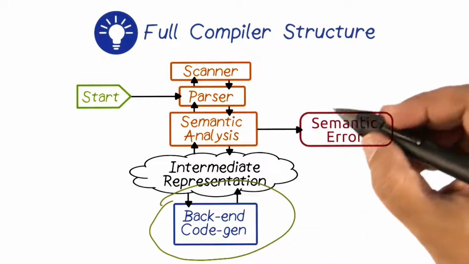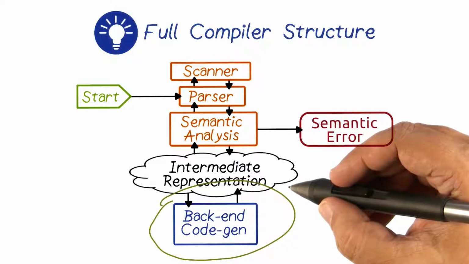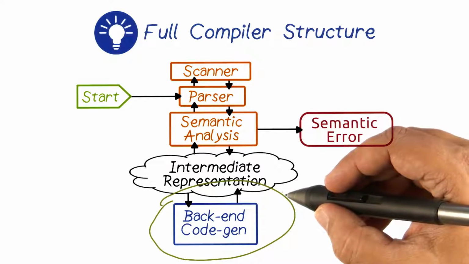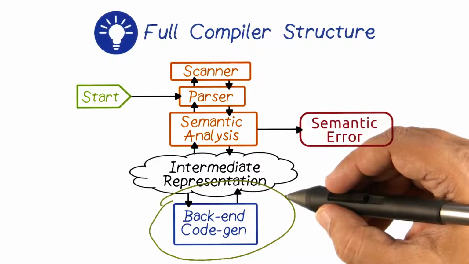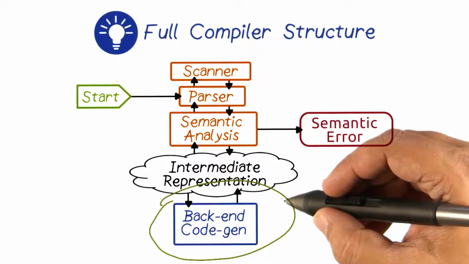And in particular, the code generation consists of first selecting instructions for each of these operations which are present in the IR or intermediate representation, and then doing register allocation on them, and then finally doing instruction scheduling to arrange those in a highly efficient manner to hide the latencies of the architecture.